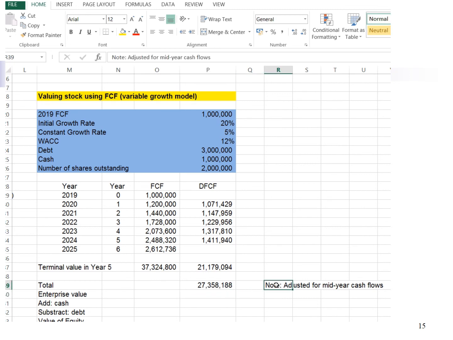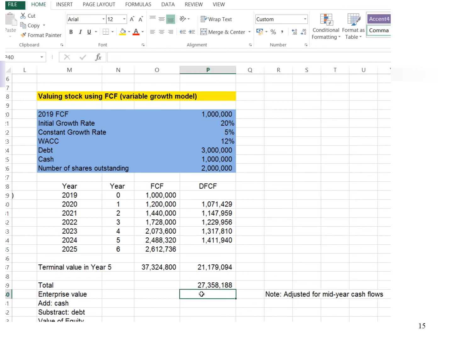I shall adjust the enterprise value to reflect cash flow that occurs throughout the year. Therefore, I'm going to type equal the sum of the cash flow multiplied with 1 plus weighted average cost of capital, close bracket, power of 0.5. And here is the answer.